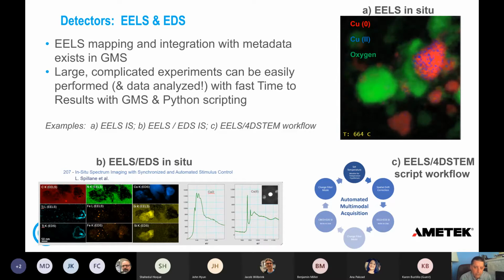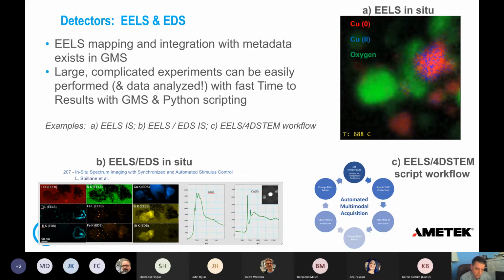This is combined with Python scripting. The lower right-hand side is EELS and 4D STEM. This is an unusual combination because ordinarily you can't actually do an EELS and 4D STEM experiment at the same time, because particularly for STEMx, the camera will consume the beam.